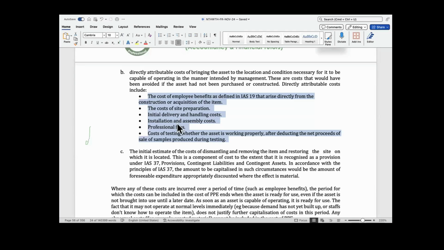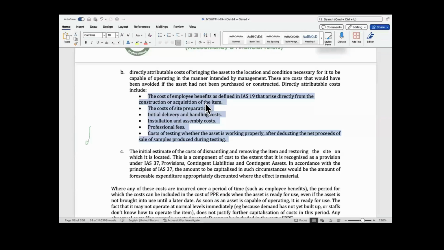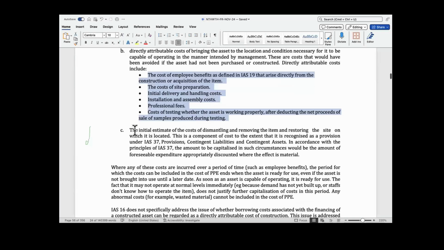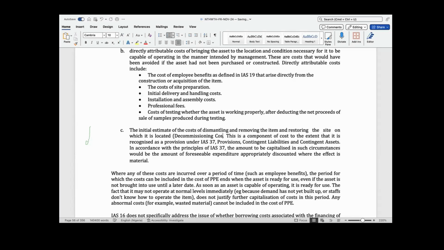Now, the third one, which is also part of the costs that you recognize at the date you bought the asset, we call the initial estimate of the cost of dismantling, removing, and restoring the site on which the asset is located. Sometimes we call this the commissioning cost. Why is this one even coming into play?